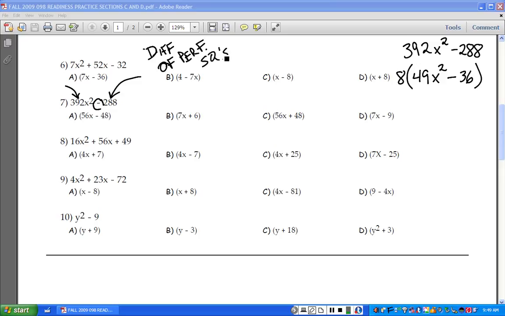The difference meaning subtraction, the minus sign, of perfect squares.